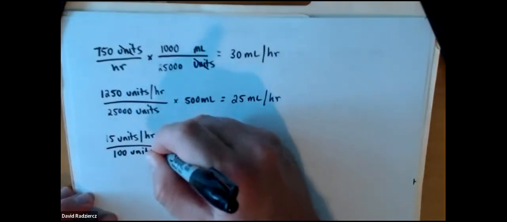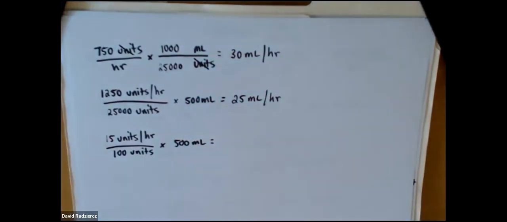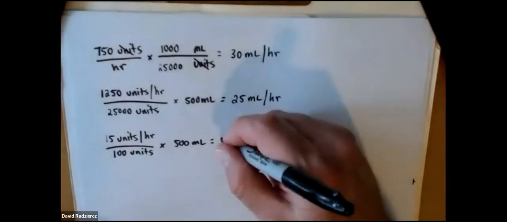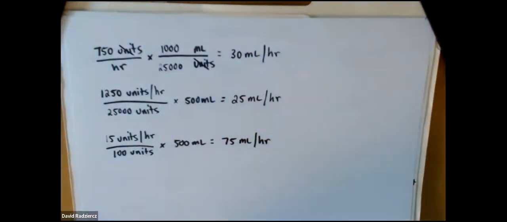The volume I have available is 500. The 15 times 500 divided by 100, and I'll get 75 mL per hour. Good.